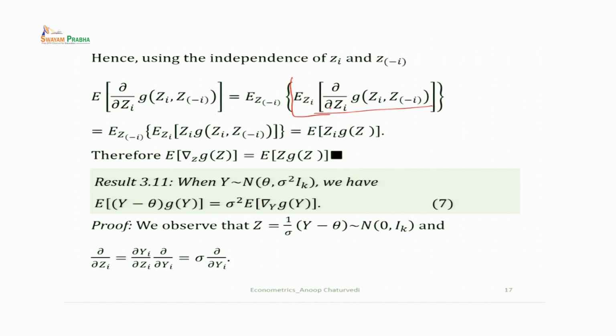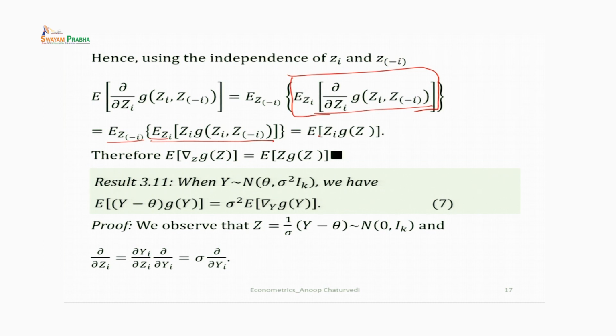So, the expectation of this term del over del z i g(z i, z minus i) with respect to z i is the same as the expectation of z i g(z i, z minus i) with respect to z i. So, you get this expression here, and then you are taking expectation with respect to z i, and then outside you have expectation with respect to the remaining components of z, that is z minus i.